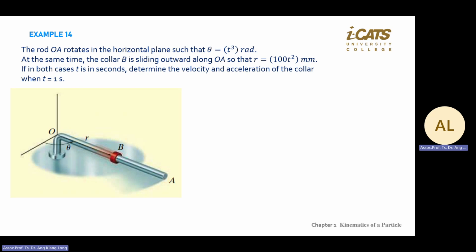You are focusing on the collar. If this is the collar, okay, this is my collar. You focus on the collar, not the rod, and you imagine what the motion is.